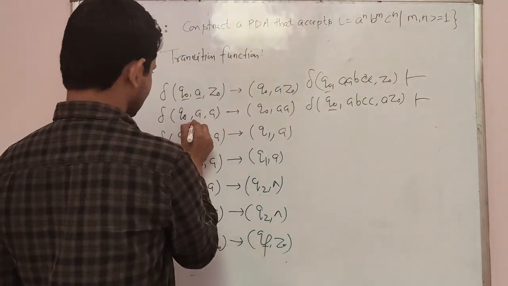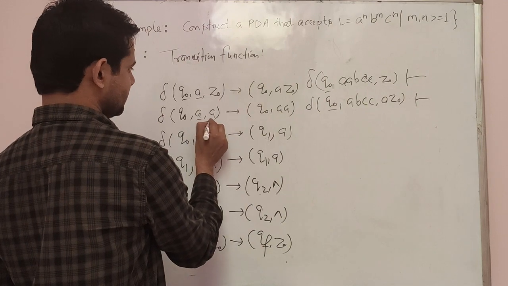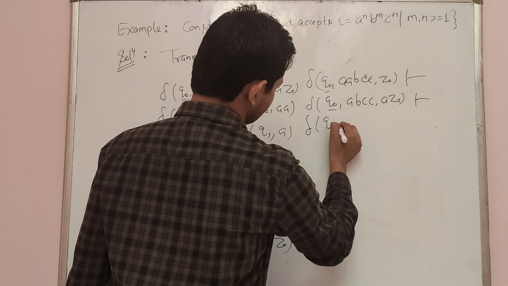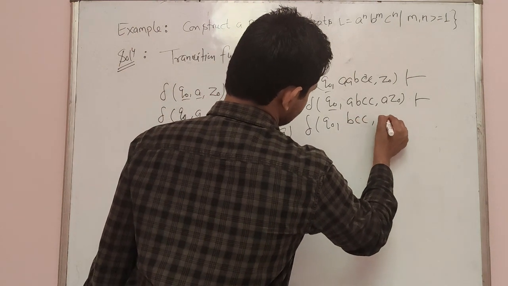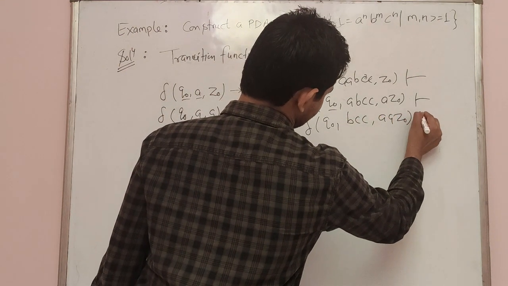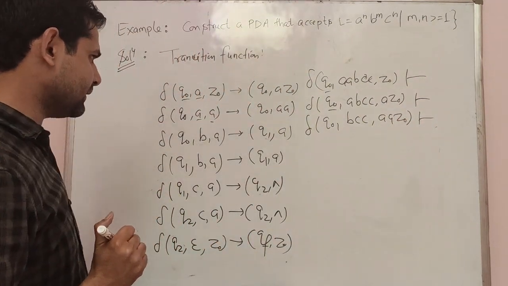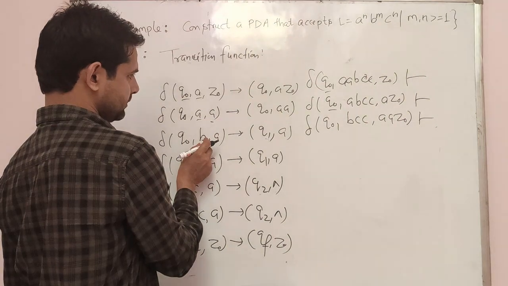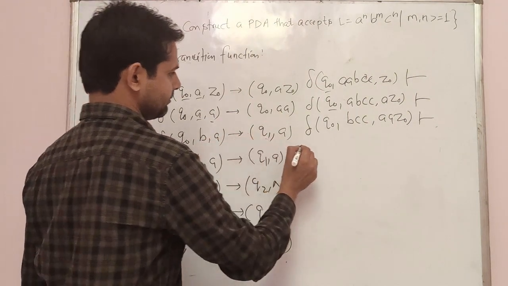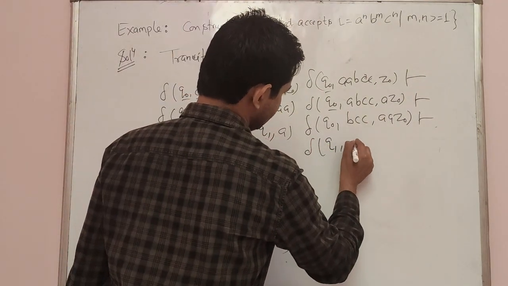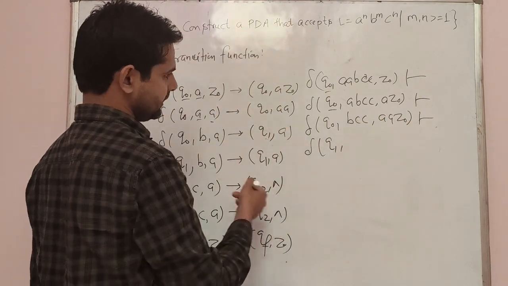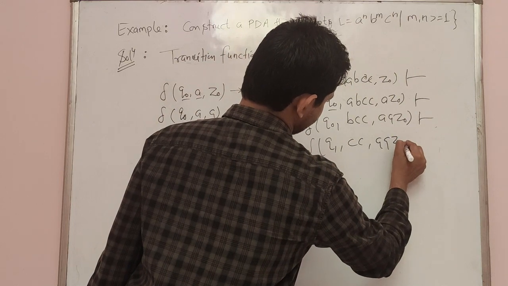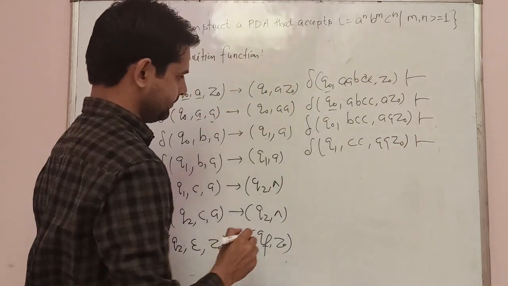Then again we have another A as the input symbol, the top of the stack is A, and again we stay in Q0. Then we are in Q0, the input symbol is B, the stack top is A, and we move to a different state Q1, just reading the B.